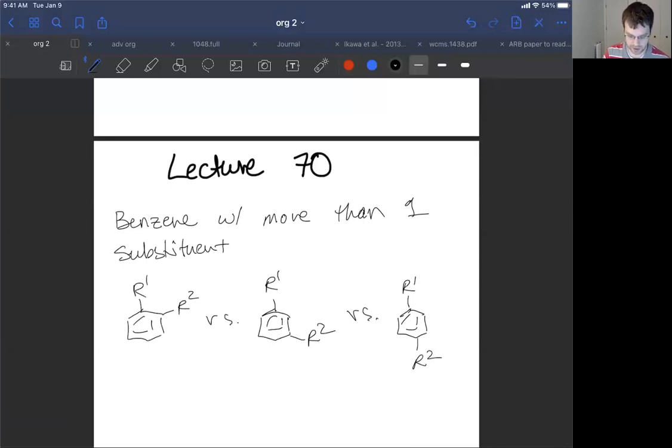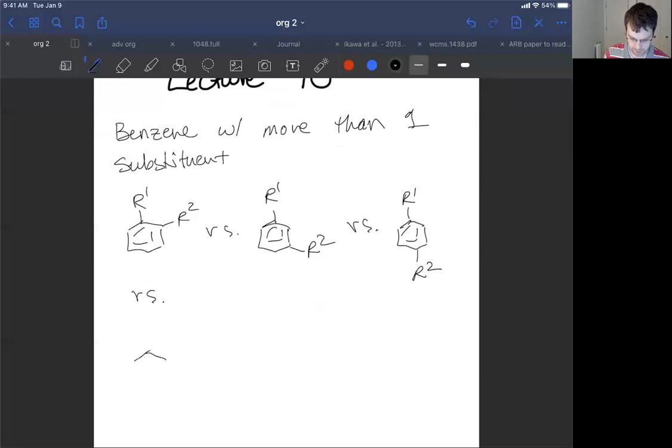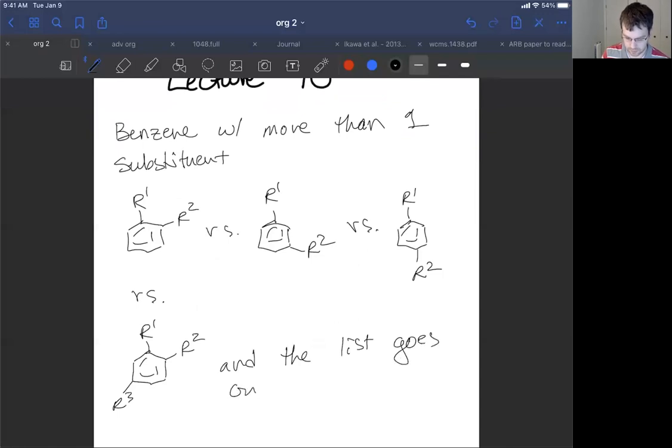How are we going to see reactions occur? Versus what if we have groups at multiple sites like this. And the list goes on. Okay, so how do we approach this?